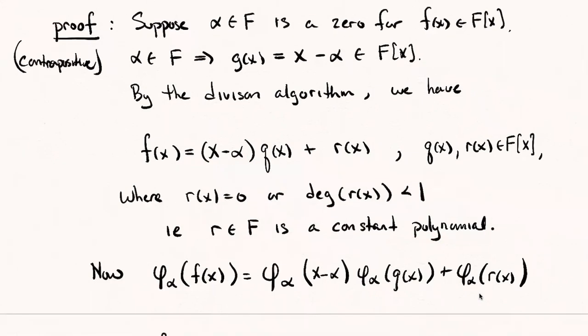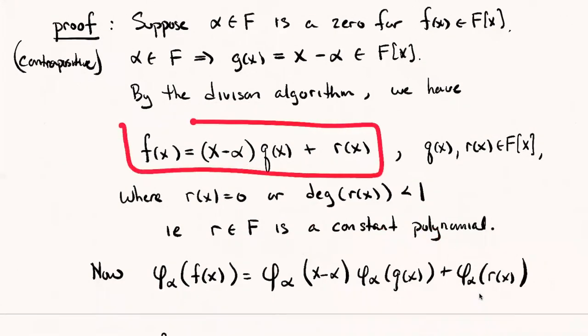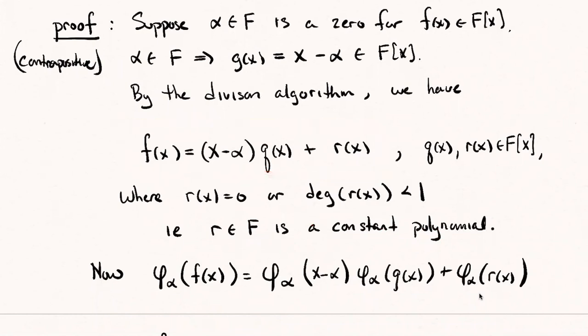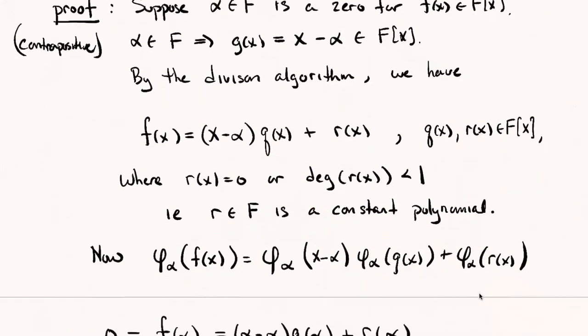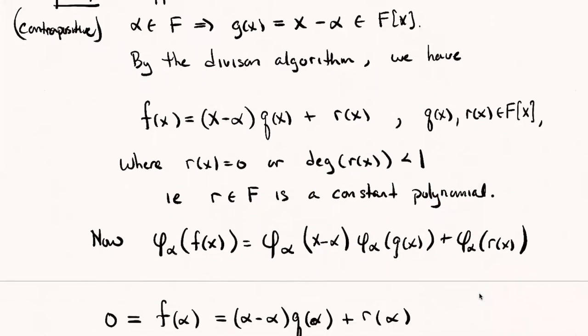Okay, so now if you take this equation, f is equal to x minus alpha times q plus r, and we evaluate it at alpha, well, phi sub alpha is a ring homomorphism. You guys are going to prove it. So when you take phi sub alpha of this right-hand side, you can push phi sub alpha through the product and the sums because it's a ring homomorphism.